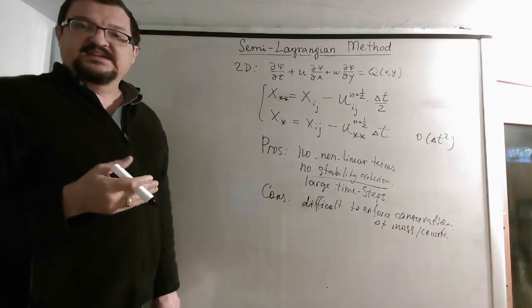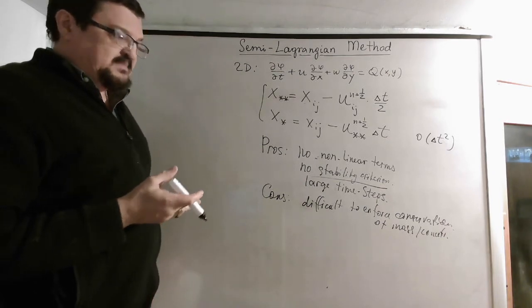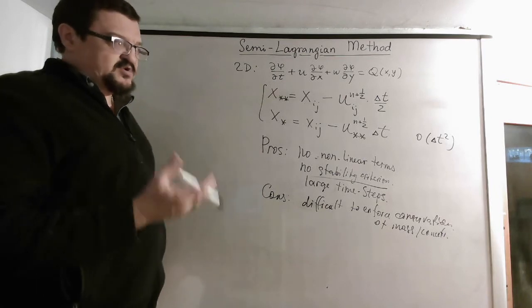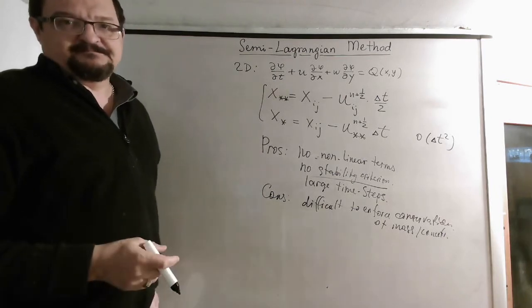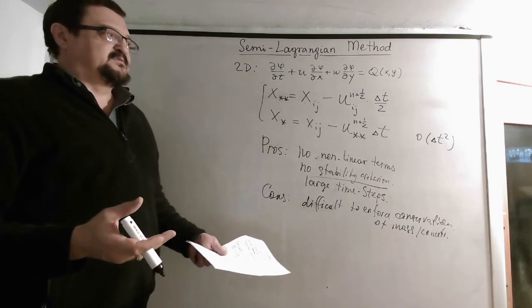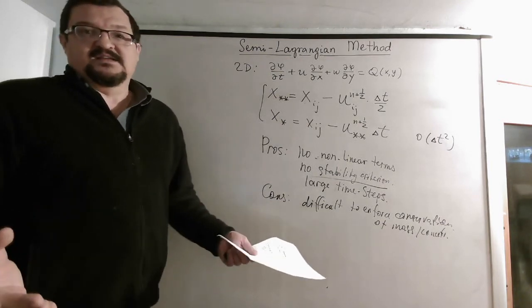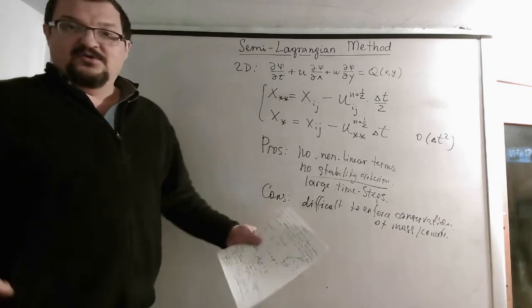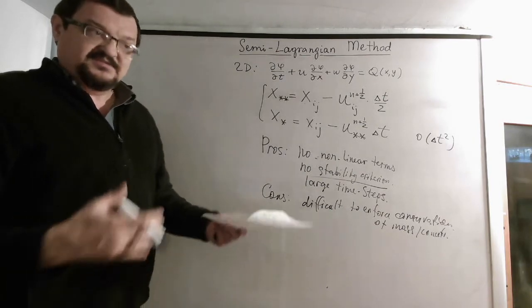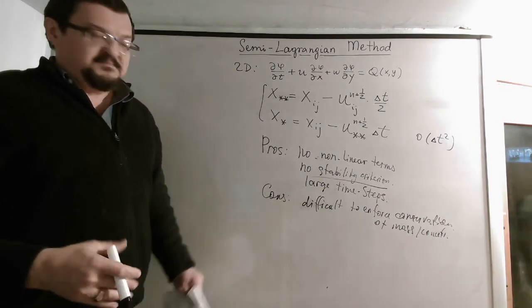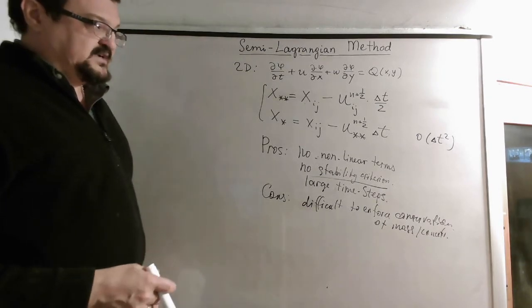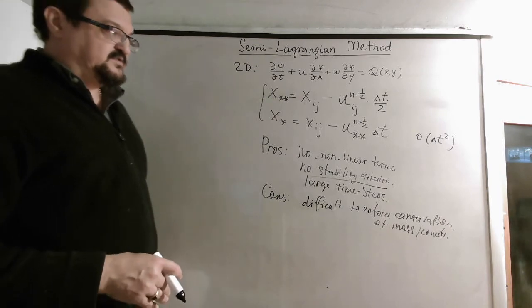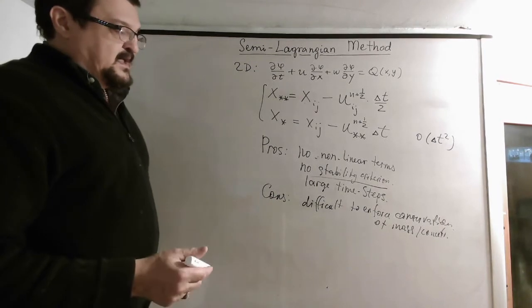Of course, there are schemes that try to do that, but it's very complex. It's much more complex to do than just using Euler scheme in flux form. So you use Euler scheme in flux form, you automatically get conservation of mass, or maybe not energy. Then you need some extra step, but at least conservation of mass or concentration is very easy to enforce, not in semi-Lagrangian.